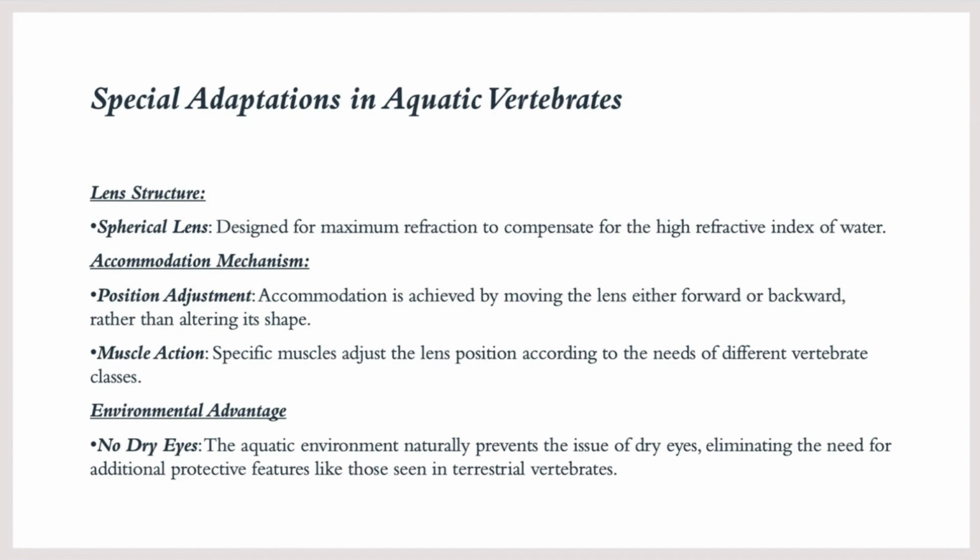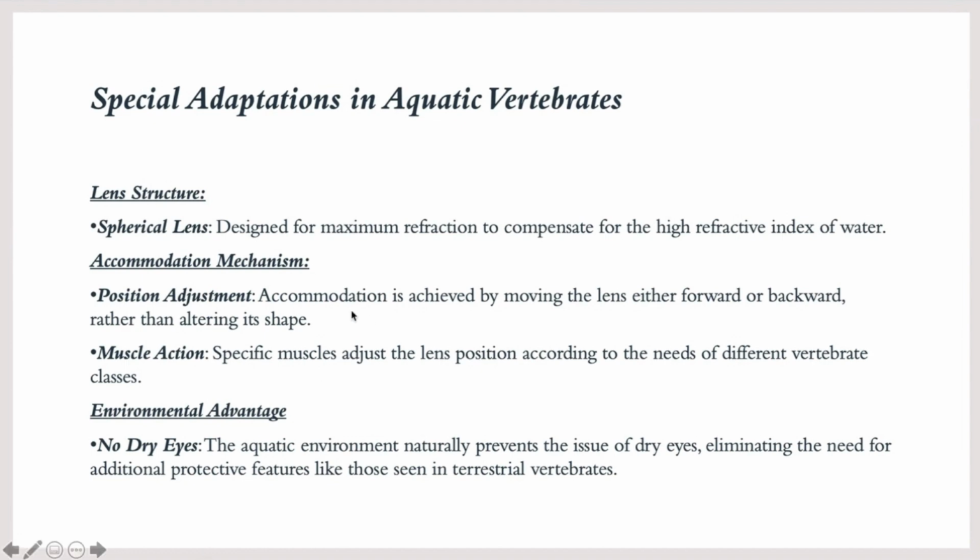But you have to remember that aquatic vertebrates don't have the best sense of vision. Vision would improve as you go up the evolution. So they developed spherical lenses to accommodate the high refractive index of the water.